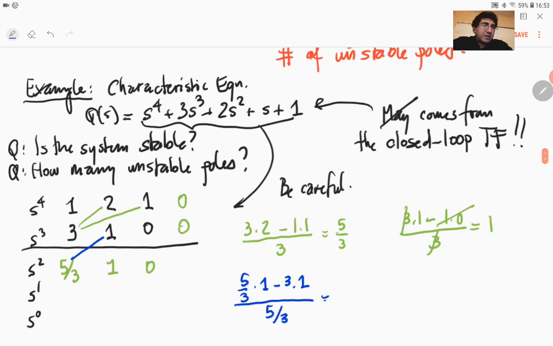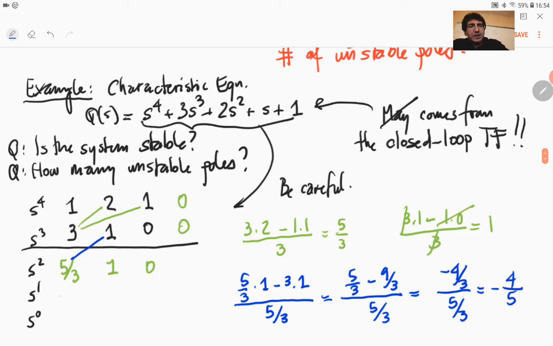So that's going to be 5 over 3 minus 9 over 3, divided by 5 over 3. So that's going to be 5 minus 9, minus 4 over 3 over 5 over 3. So that's going to be minus 4 over 5. So this is minus 4 over 5 in here. The rest will be 0.